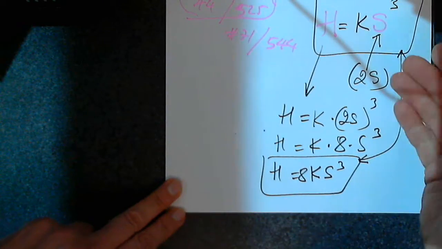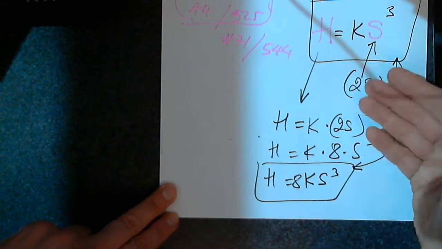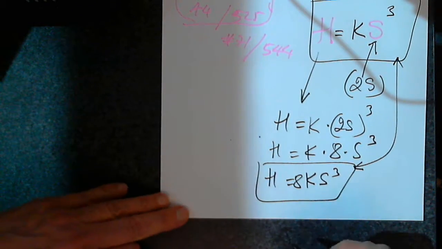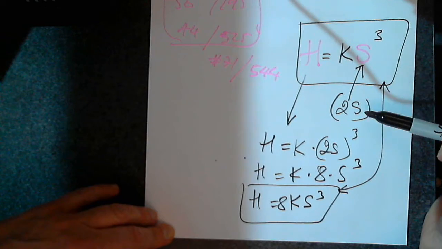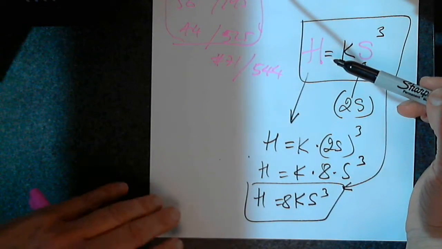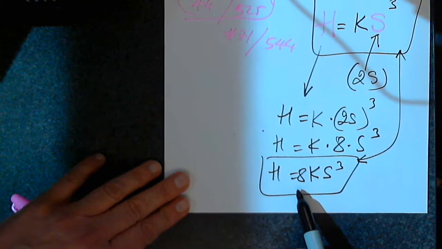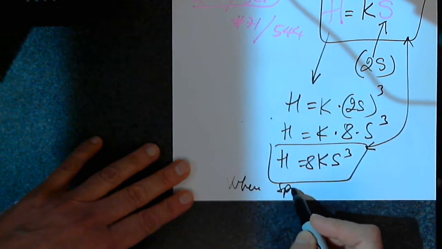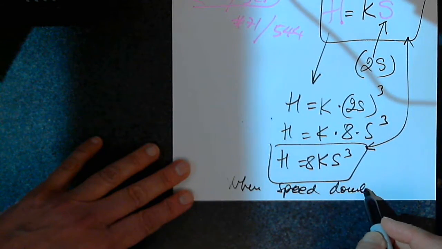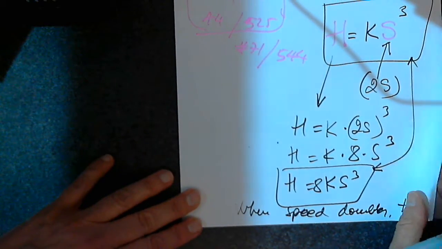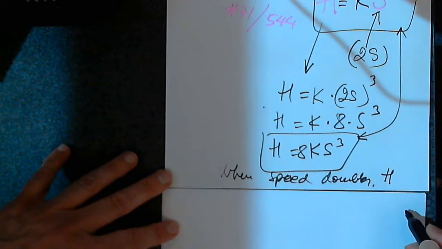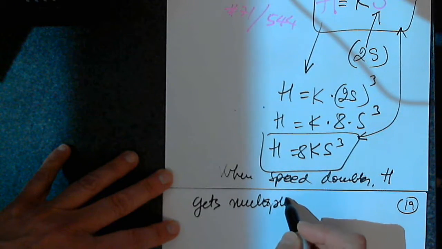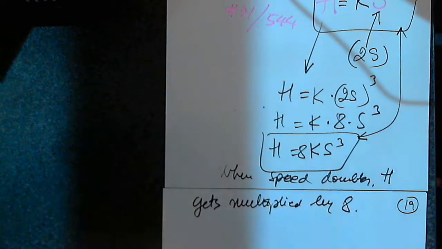What do you notice? 8 times as much. Very good. So when speed doubles, H gets multiplied by 8.